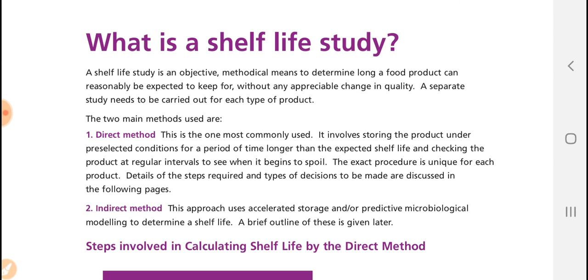We cannot wait for 1 year or 18 months for calculating the shelf life, because the shelf life is very high and you can't wait for that many years. So in that case, you have to accelerate the storage conditions and use microbiological modeling, then only you can analyze and frame the shelf life study.